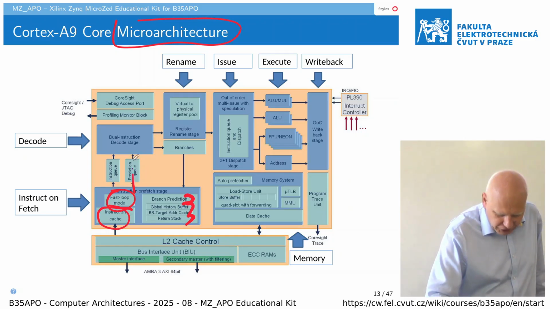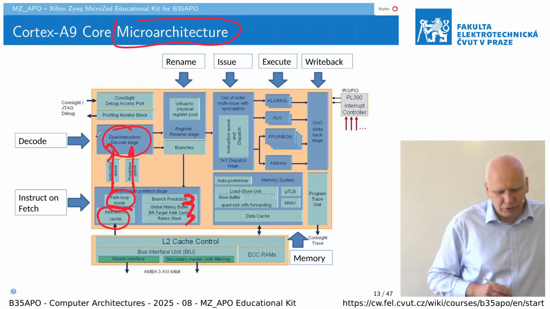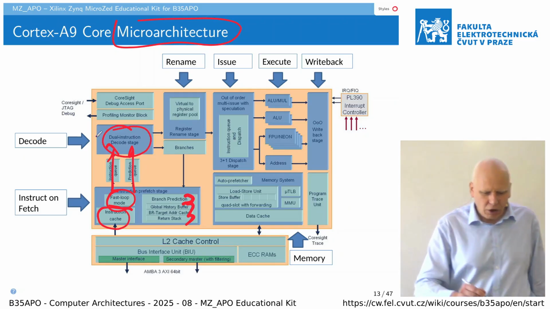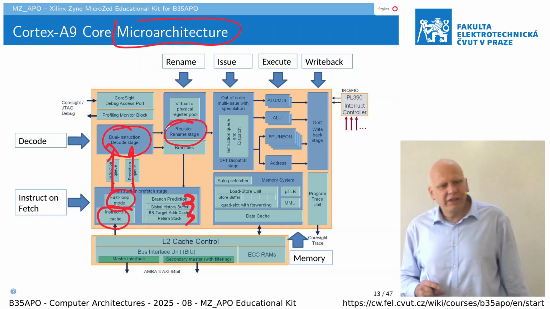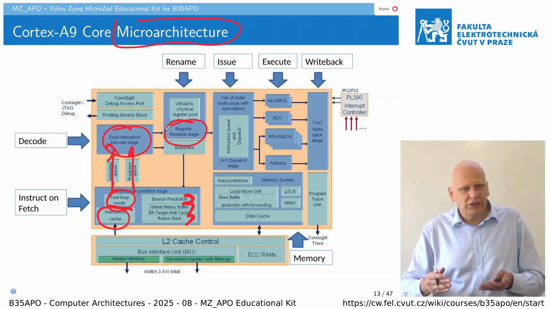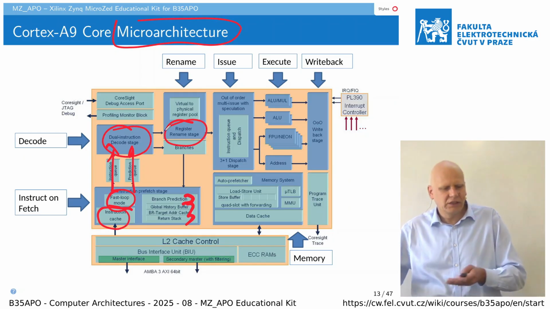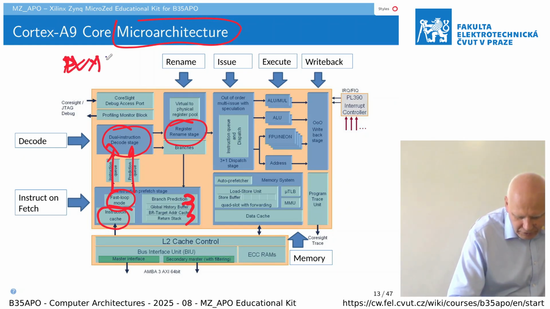If we fetch a correct instruction, then two can be decoded in parallel and go to the register rename stage, which assigns physical registers to the architecture registers, which allows resolving write after write and write after read hazards.